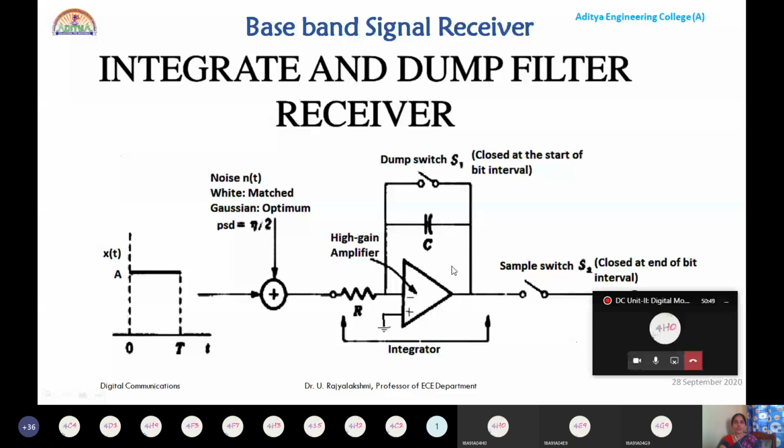This IC 741 with these external connections, input resistance and feedback capacitance, is called a low pass filter. Once you take the output via the capacitor, you will get the low frequency component. This is all about the integrate and dump receiver.